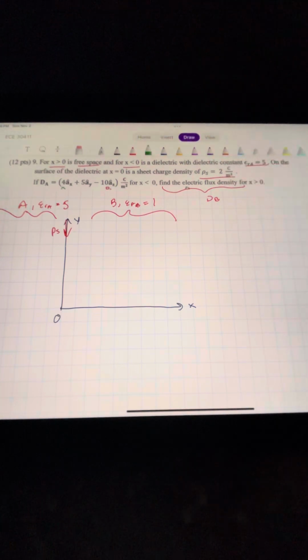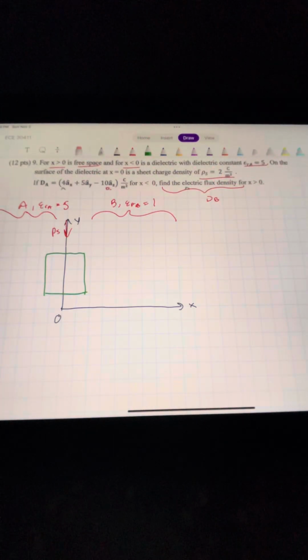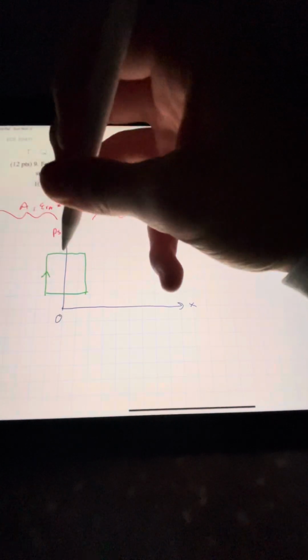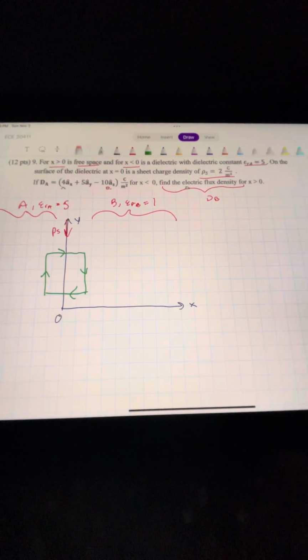So to relate the tangential field components, we draw a small rectangular loop that straddles the boundary, and we apply the closed integral E dot dl equals 0. This loop is drawn counterclockwise, which follows the right-hand rule. If the loop's normal vector points out of the page along the positive z direction, curling your fingers around that direction gives a counterclockwise path.